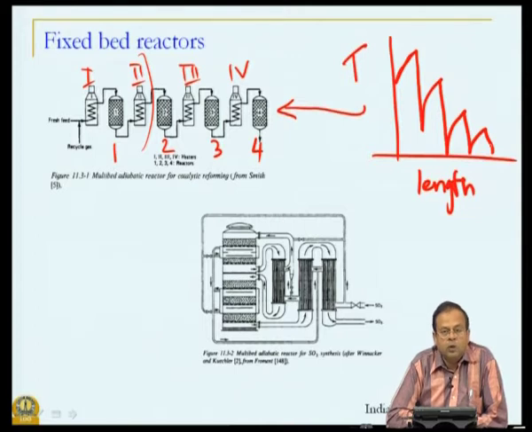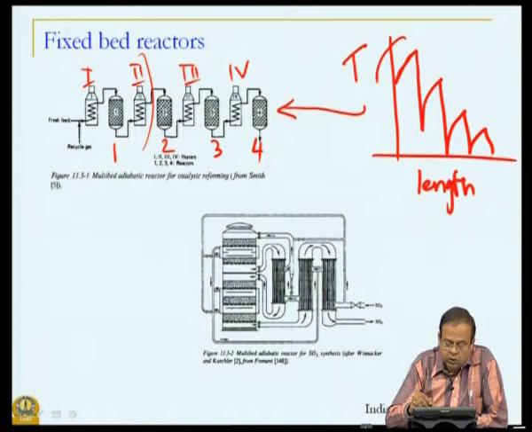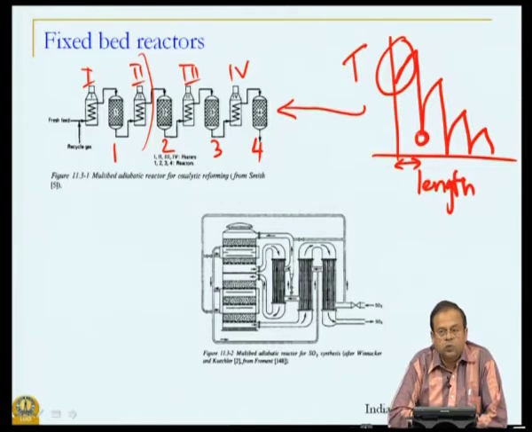So, an optimal design problem, for example, would be what should be the length of this segment, length of this reactor, and to what level should I bring down my temperature.